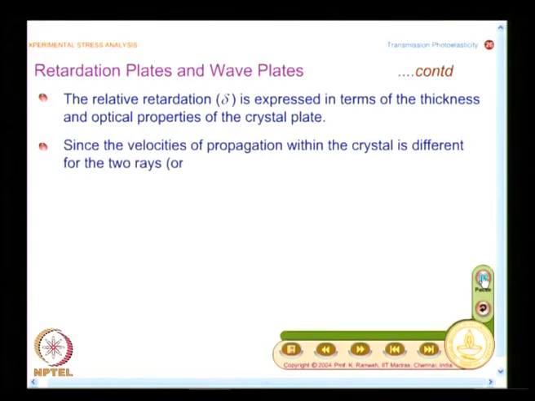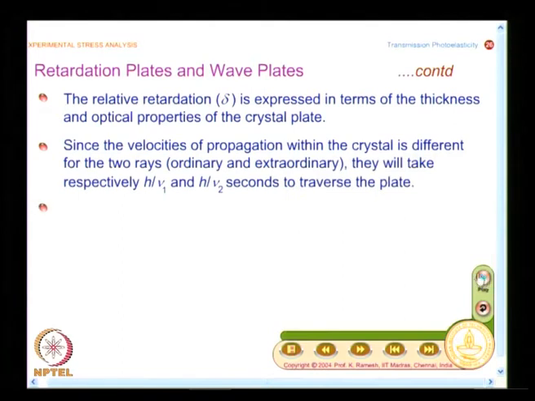And so, what you find here is, the velocities of propagation within the crystal are different for the two rays. They will take respectively h by v1 and h by v2 seconds to traverse the plate, and we take h as the thickness of the plate. t, if I use it, indicates time, so we want a different symbol for the thickness, and we take advantage of our understanding of refractive indices.